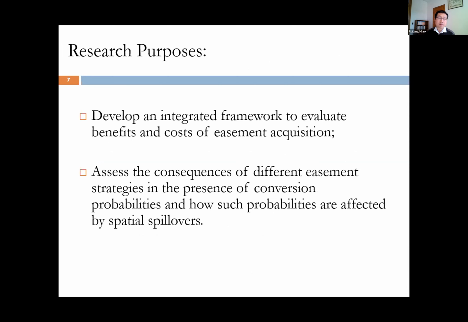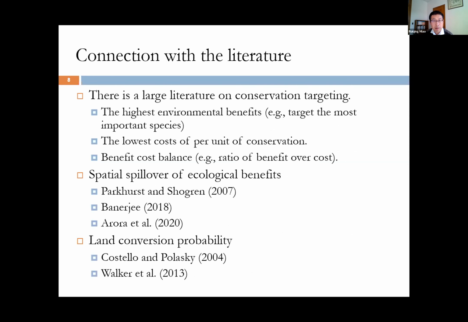So the research purpose of this paper is to develop an integrated framework to evaluate benefits and costs of easement acquisition, and also assess the consequences of different easement strategies in the presence of conversion probabilities, and how probabilities are affected by spatial spillovers. There's a lot of literature about conservation targeting and spatial spillover and so on, so I won't go into much detail about this, so I'll skip this one.